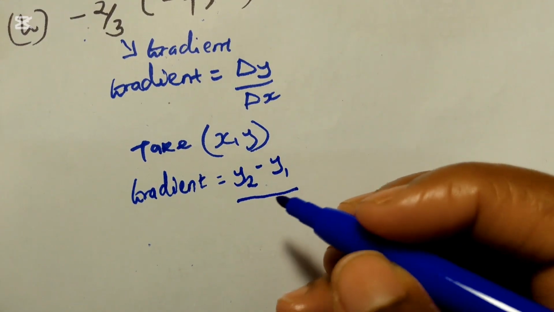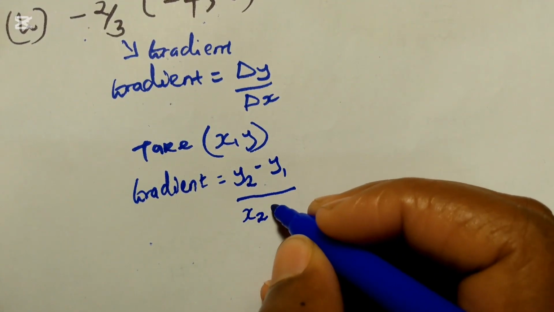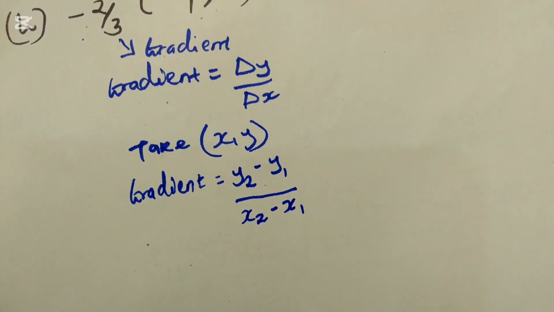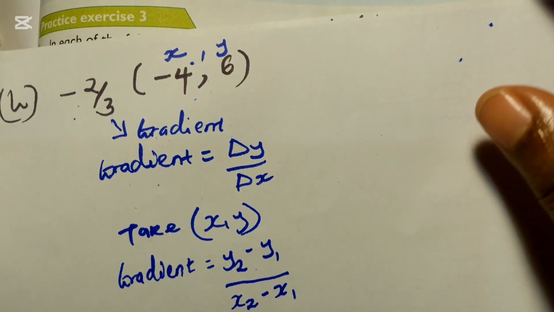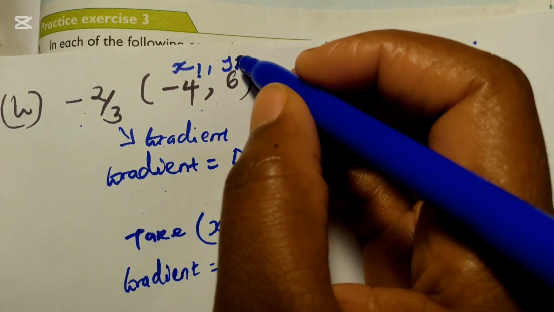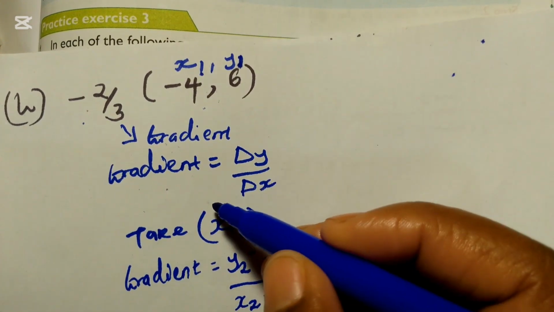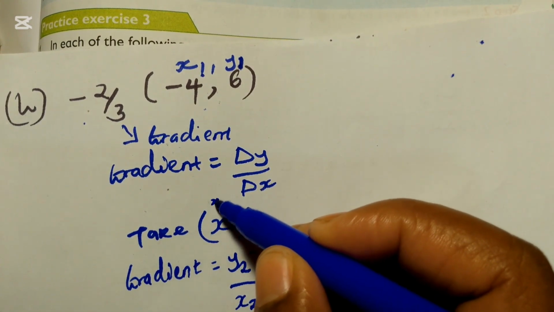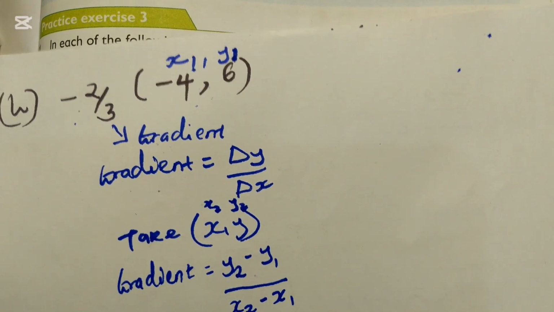Change in is just subtraction, and then change in x is x2 minus x1. You can call these x1, y1, then the other point that you have taken you can call x2, y2.